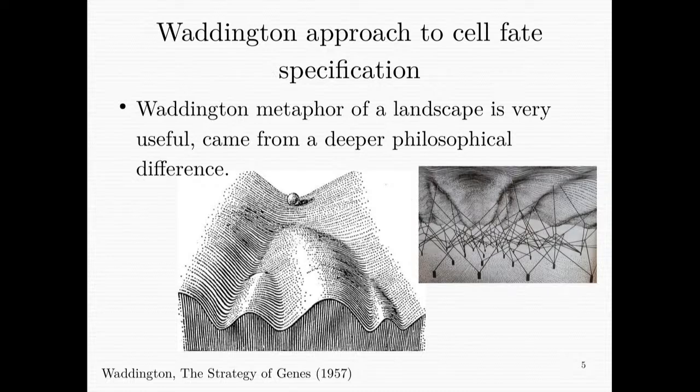The picture was meant as a metaphor, but it's not something I'm going to talk about. But in fact, his view of what's happening in development came from a somewhat philosophical difference with a more molecular picture of what's going on.